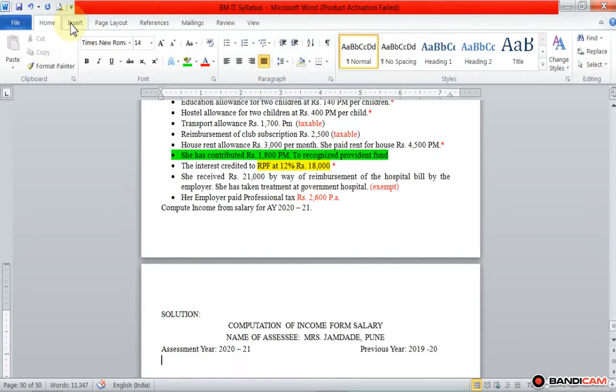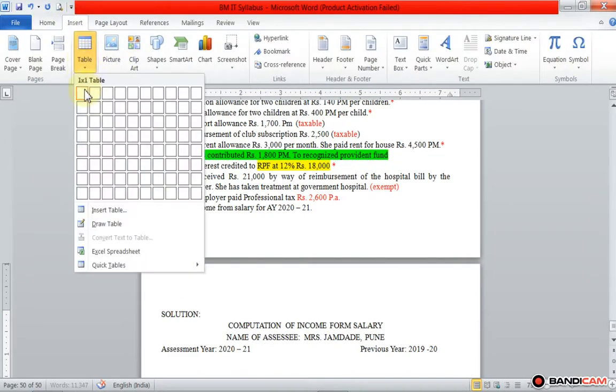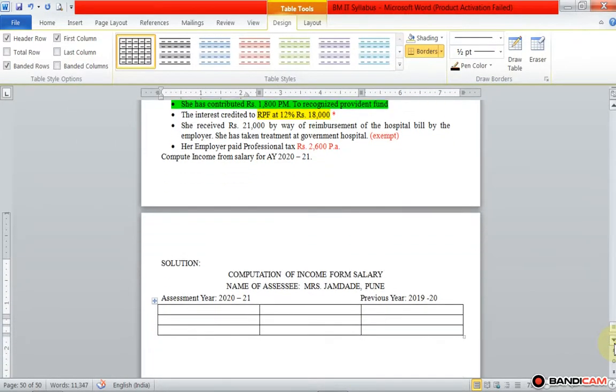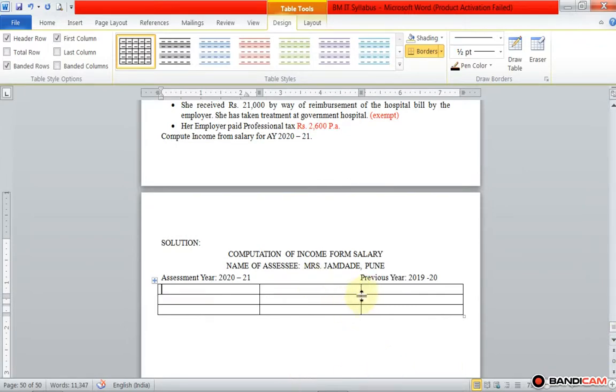Prepare a three column table: particulars, rupees.